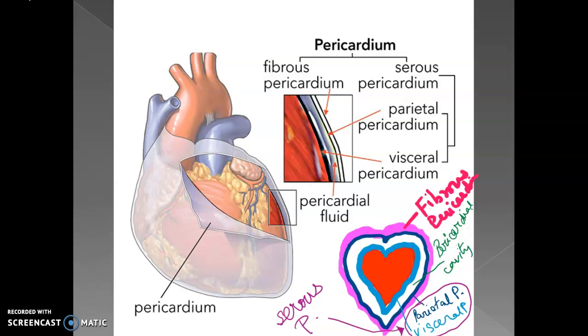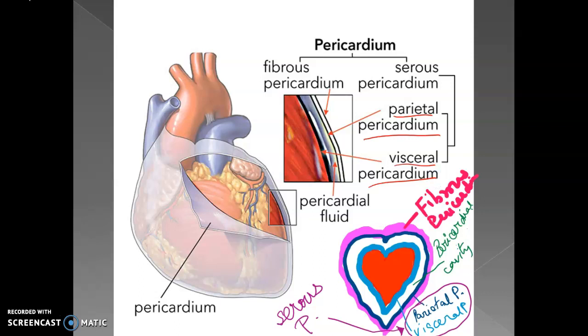Okay, that's the fibrous pericardium. Now, deep to that, sticking to the surface of the heart, is serous pericardium. You can think of it as the double glove. So it has two layers. It has a parietal pericardium and a visceral pericardium.